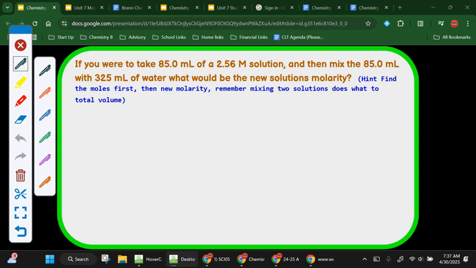Molarity is found by taking moles divided by liters of solution. That's how we find molarity, is taking moles divided by liters, correct?